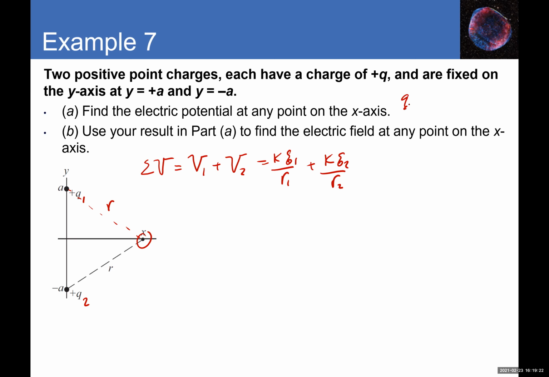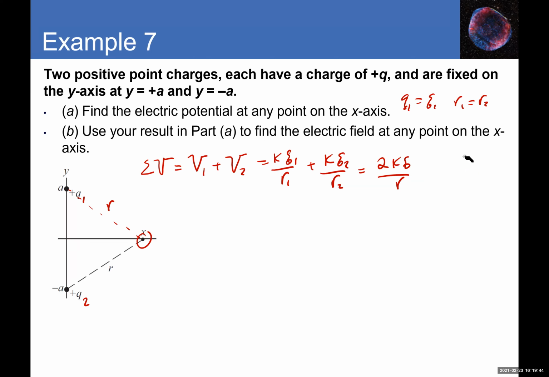But since Q1 equals Q2 and R1 equals R2, this is basically 2kQ over R. We're not given the values, so let's keep 2kQ over R.